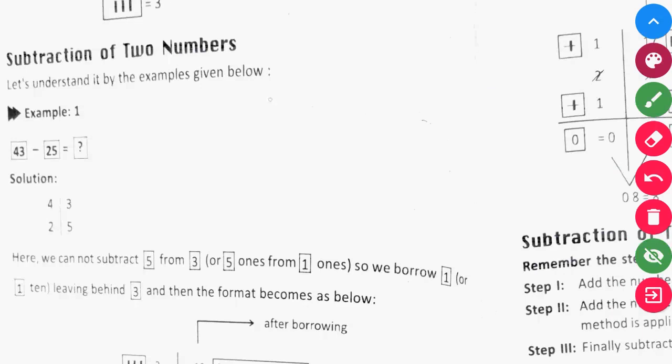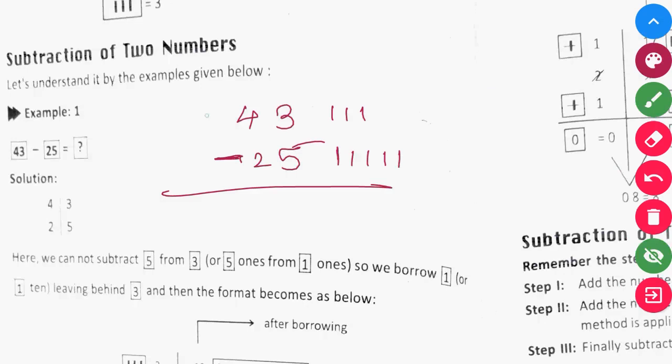Now here again in the subtraction we have to do the same thing. So see, 43 minus 25. We have to subtract 25 from 43. We will draw 3 bar lines at the right side for 3, 5 bar lines for 5, 4 bar lines for 4, and 2 bar lines for the digit 2.